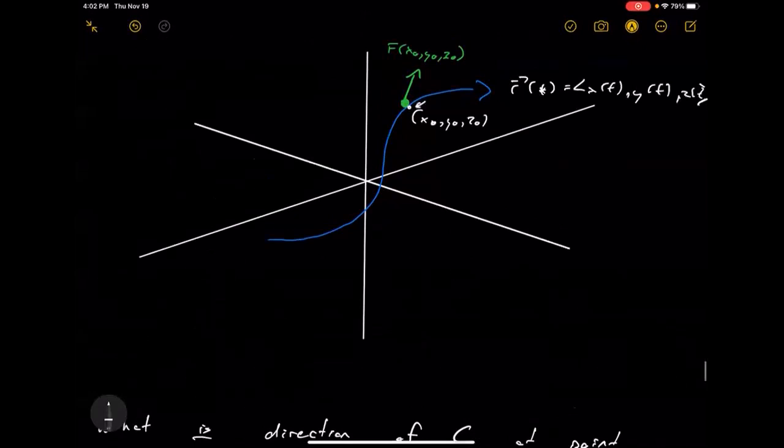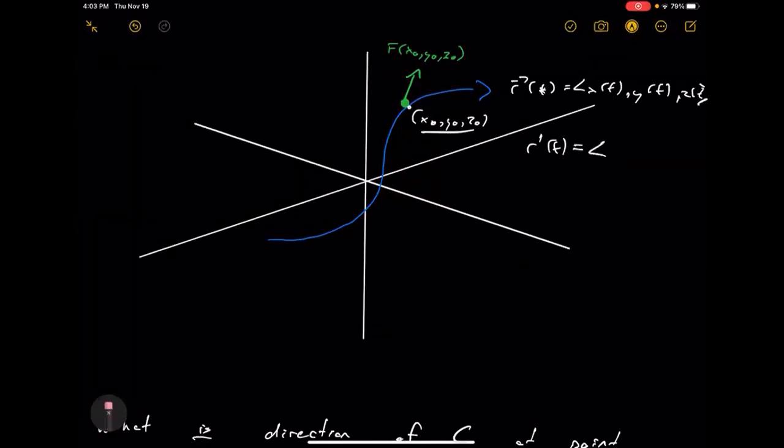So at this point, my curve is pointing in the direction of the tangent, and let's say t0 is the value of the parameter that gives me that point. My curve is pointing in the direction x prime of t0, y prime of t0, z prime of t0. That's the direction of my blue curve at this point.